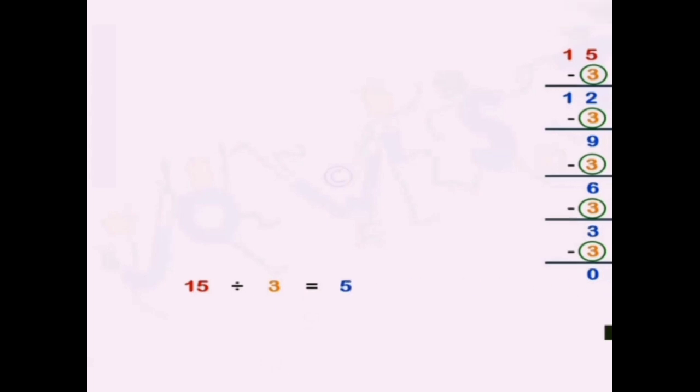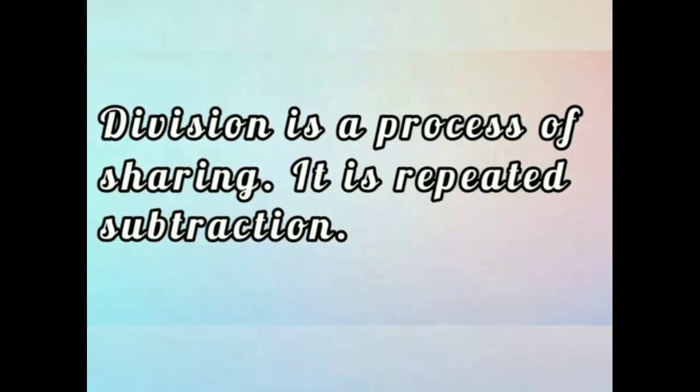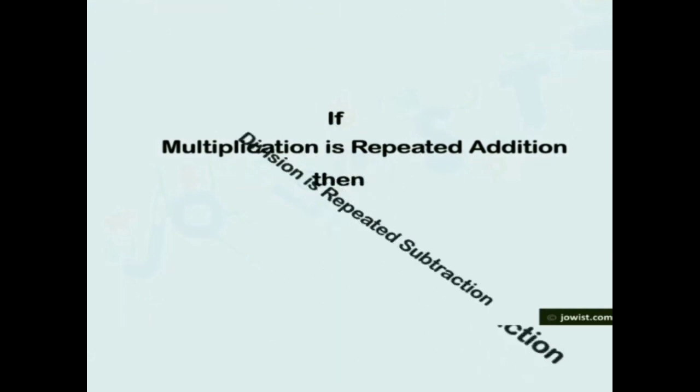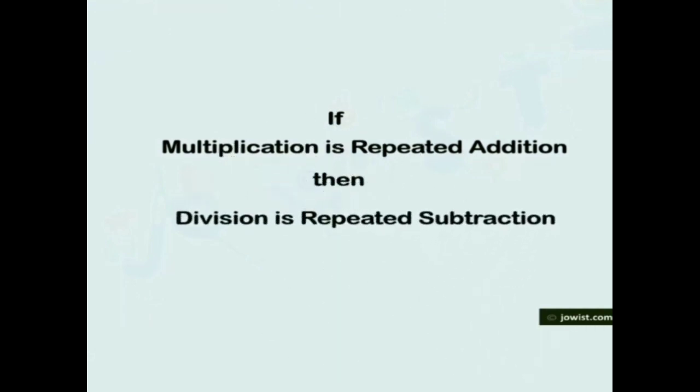Children, now you understood why division is called repeated subtraction? So we can conclude that division is a process of sharing and division is repeated subtraction. So we can say that if multiplication is repeated addition, then division is repeated subtraction.